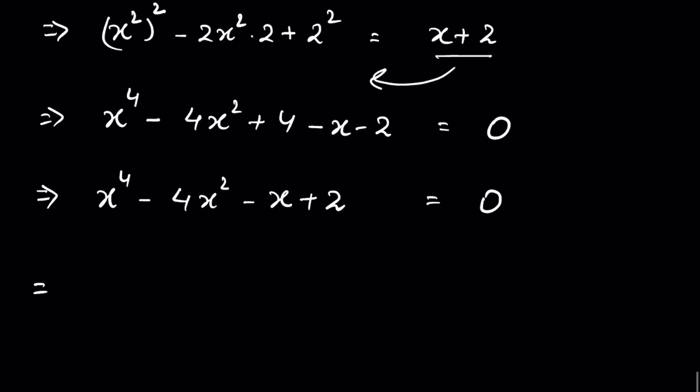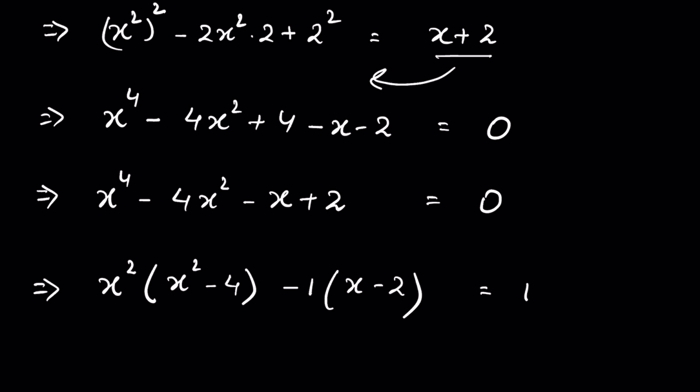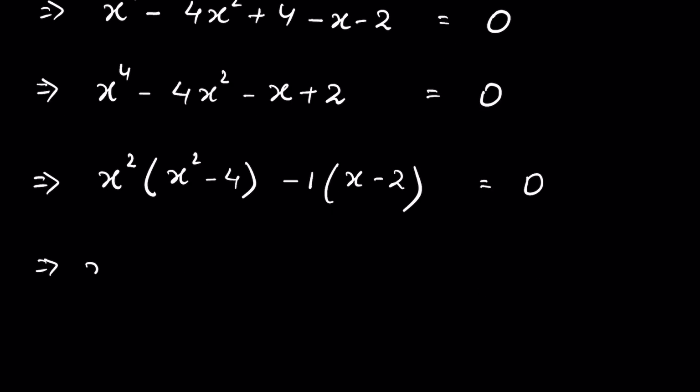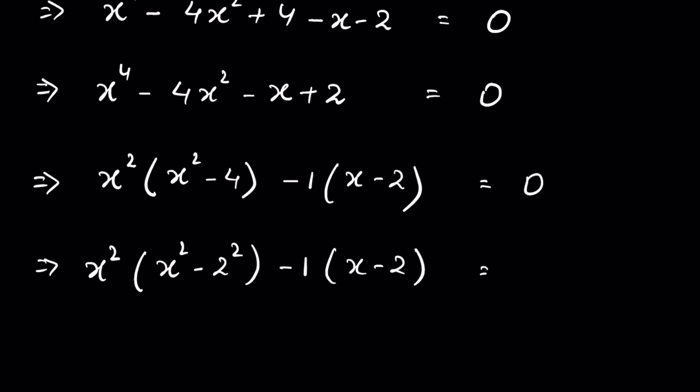Or here we can take x² common and write x²(x² − 4), and here take minus 1 common and write (x − 2) equals 0, or x²(x² − 4), we can write it as 2², then − 1 times (x − 2) equals 0.